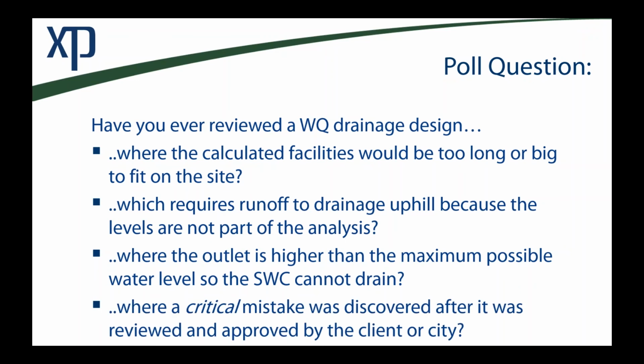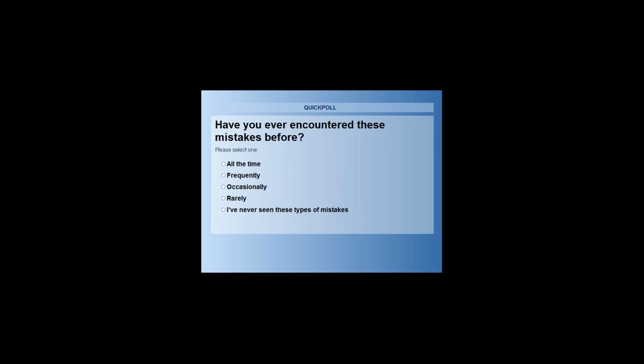Or perhaps the scariest one for myself would be a critical mistake in the drainage plan that was discovered after it was reviewed and approved by the client or city. So I just want everyone to check: have you seen this? All the time? Well, that's scary, but might be a possibility. Rarely, occasionally, or I have never seen this before.